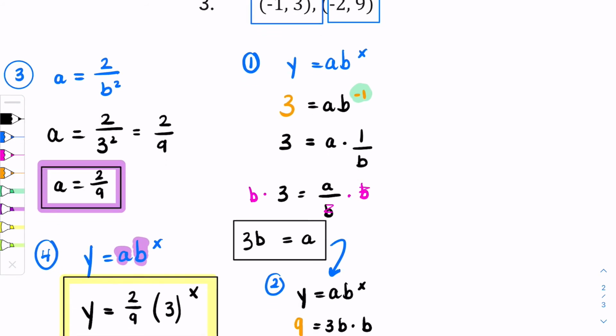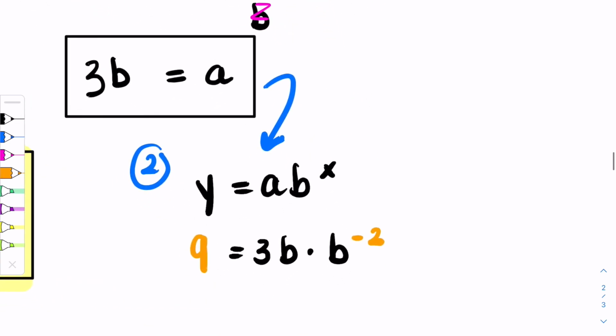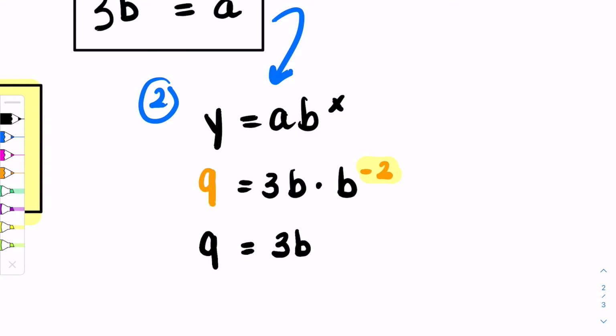I'm replacing x with the value of -2. So right here we ended up with a negative exponent again. That means I'm going to rewrite it as a positive exponent in the denominator. 9 is equal to 3 times b multiplied by 1 over b squared, or just divided by b squared, which is how I'm going to write that.